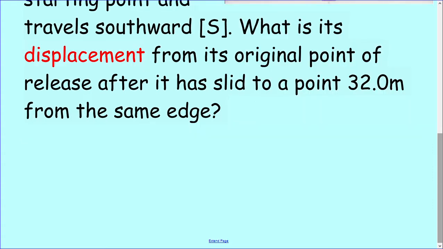So our displacement here, using the terminology I've just shown you, we've got our change in displacement is really just 32 meters, and we're going to subtract the 9.2 meters.